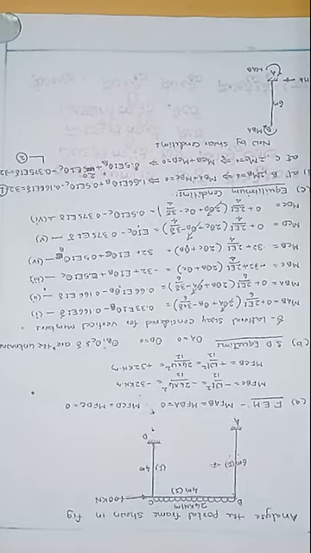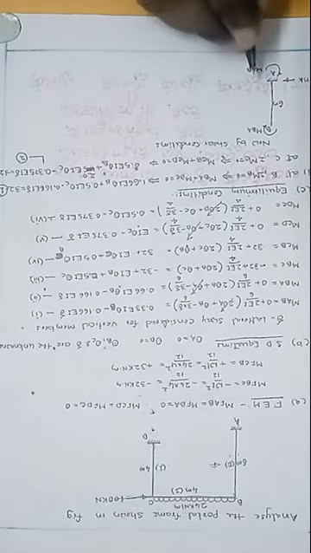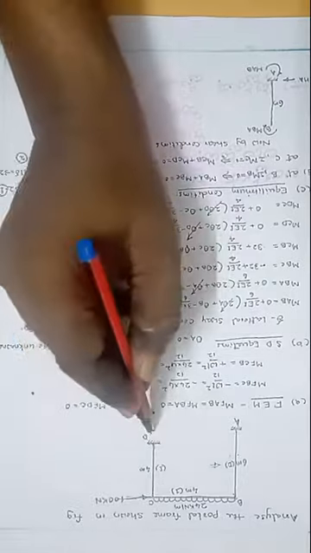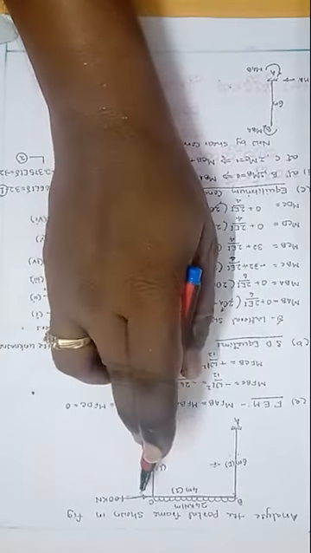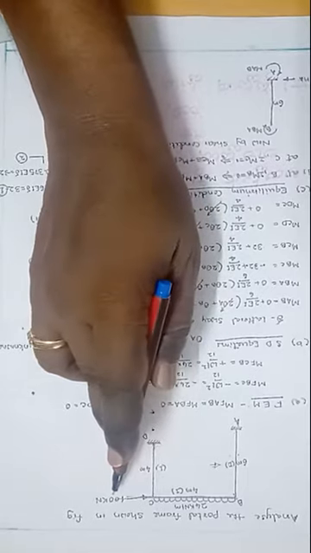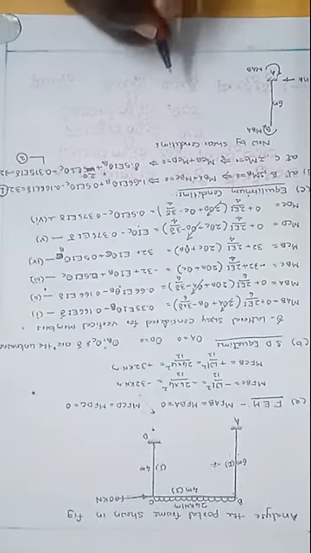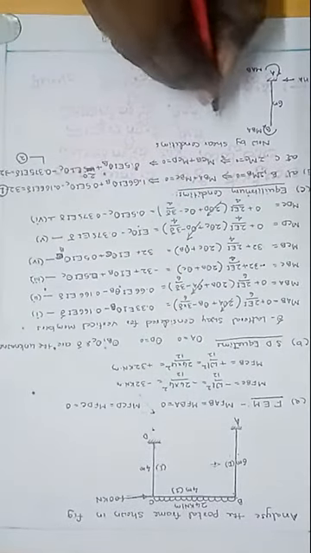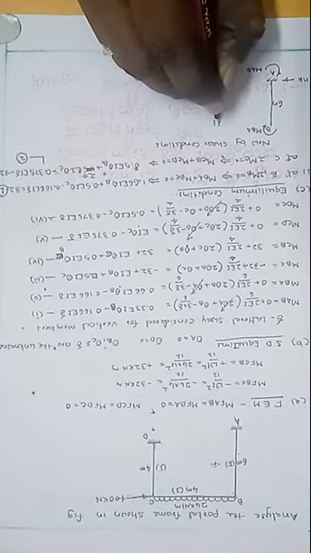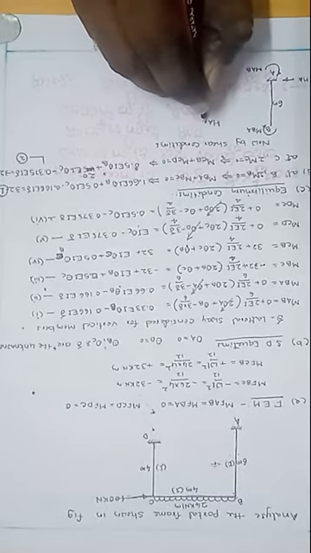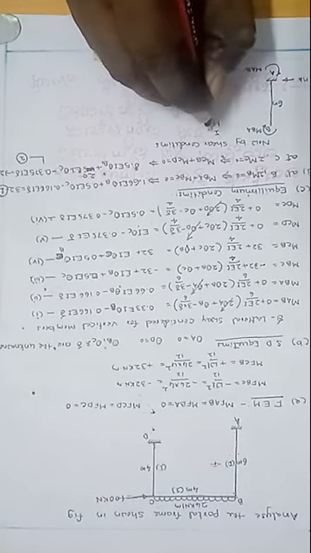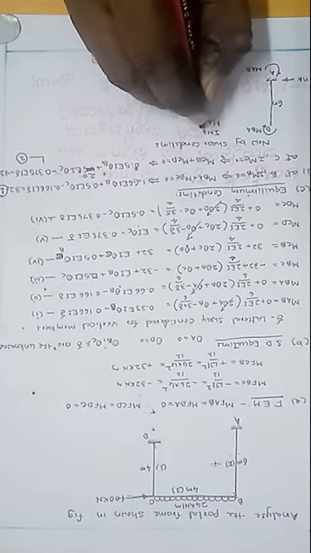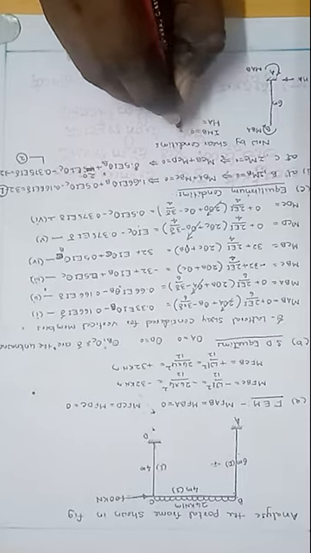Here, by the shear condition, we have to calculate HA and HD. Both we have to assume HA and HD towards right side. Then HA plus HD equals 100 kilonewton. Similarly, here HA equals, by taking moments about B, that equals 0.